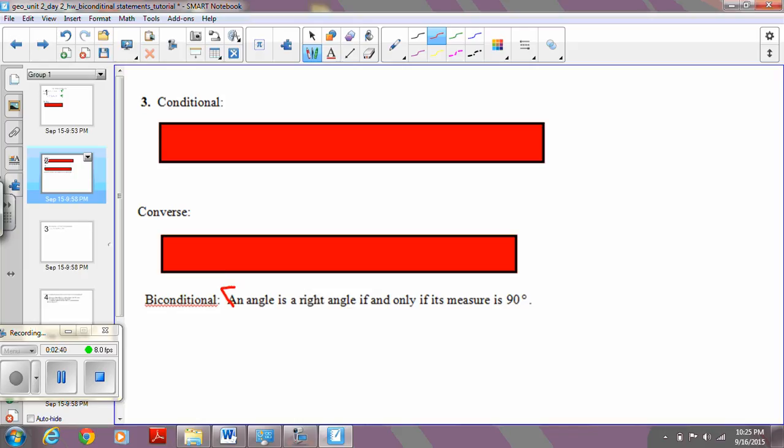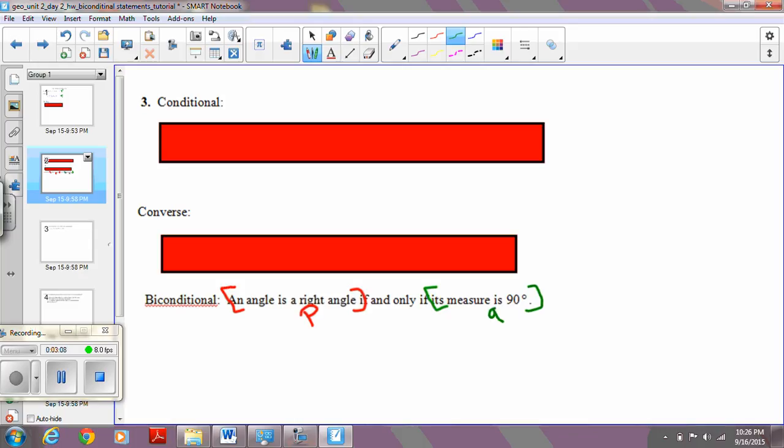So right here, an angle is a right angle will be the hypothesis, or P. And then everything after the last if will be your conclusion. So the conclusion is its measure is 90 degrees.